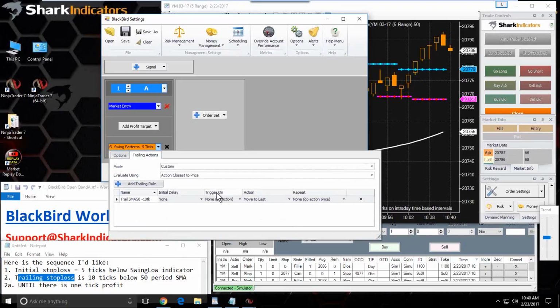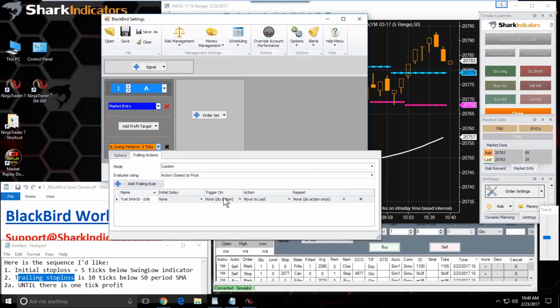So the trigger on, to go into more detail to answer Gary's question here, think of that as a condition that determines when your trailing rule starts to activate or starts to run.